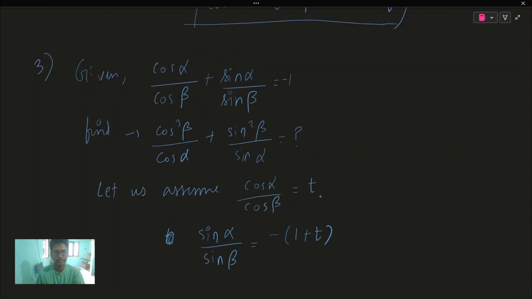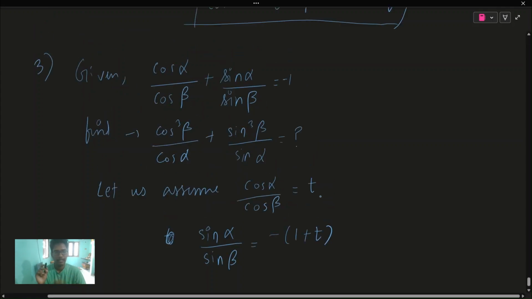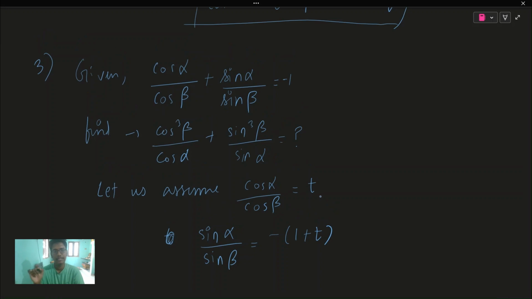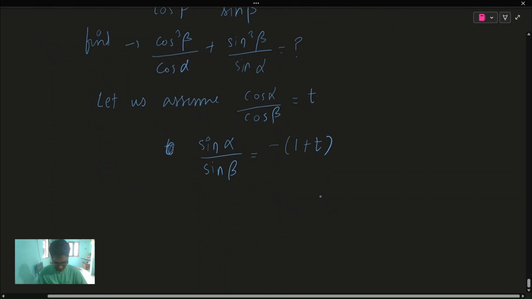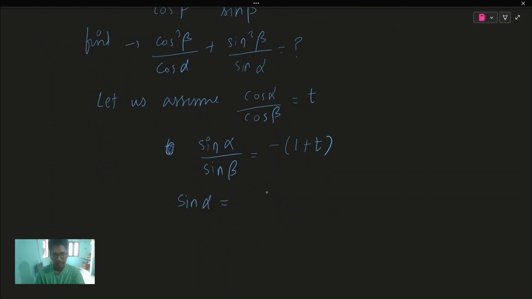Just because we assumed it as t, so t plus sin alpha divided by sin beta is equal to minus 1. When t goes to the RHS, we would get minus of 1 plus t. Yes, so this is the basic equation. Then we could adjust sin alpha as minus of 1 plus t times sin beta.